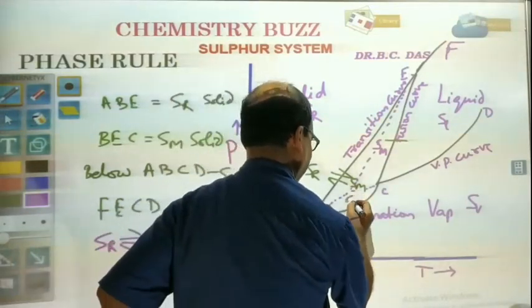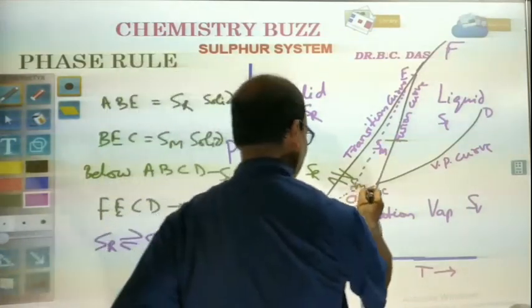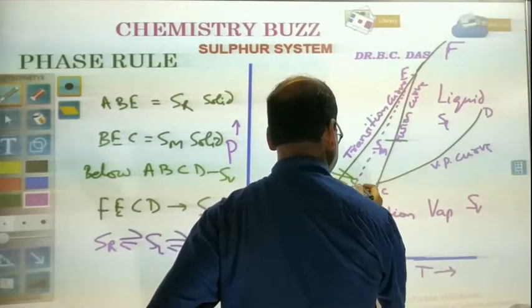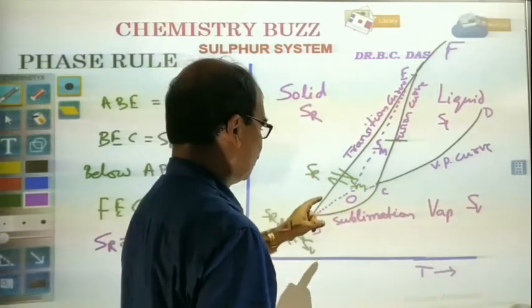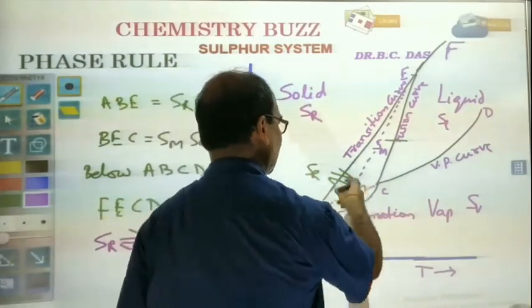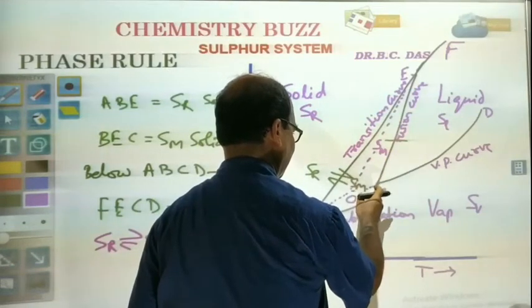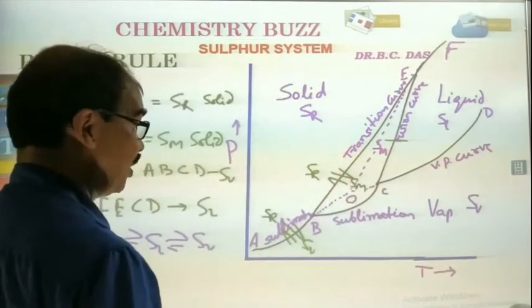Say this point is called O. Okay, so this is called the metastable equilibrium, and at this point, if you make any change or give a slight jump, then the total substance, solid, liquid, vapor, all three types of sulfur will be converted to the solid monoclinic sulfur.